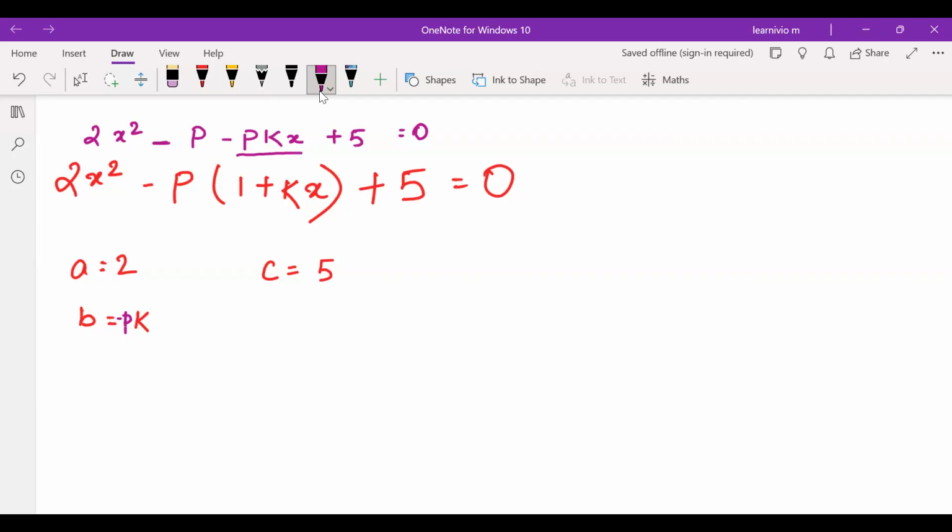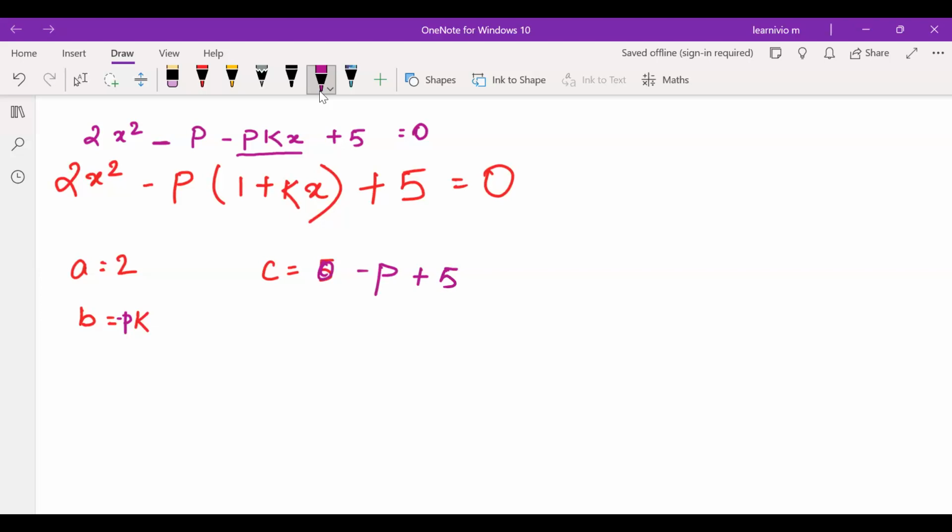Those remaining terms we are going to treat like a constant, and that will be c. What is c? C will be minus p plus 5. Is it crystal clear, Zoha?